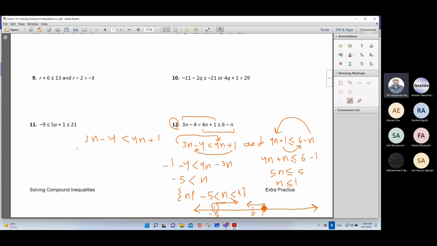We can subtract 3n from the two sides. 3n minus 3n is 0, we have minus 4 less than 4n minus 3n will be n plus 1. Then we want to remove 1 from here, we can subtract 1 from the two sides. So minus 4 plus minus 1 will be minus 5 less than plus 1 minus 1 0 will be n. The same answer. Okay, you can do this method and you can do this method. Do you have any question about this exercise?